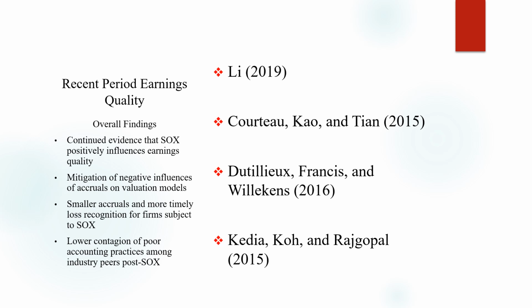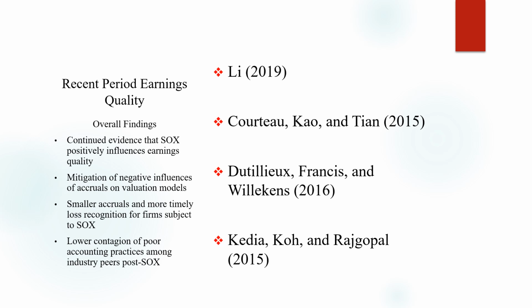And what they found was that the subsidiaries which were subject to Sarbanes-Oxley by virtue of being owned by U.S. corporations had smaller accruals and more timely loss recognitions than those not subject to Sarbanes-Oxley. So very consistent with the prior period, and once again suggesting higher earnings quality.